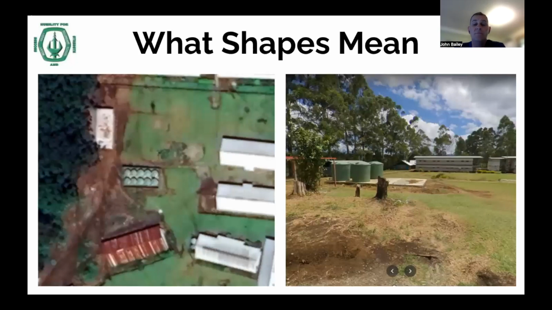Now, sometimes we don't have quite the right angle of view of the shapes that help us. What I mean by that is if we look at the satellite view, which is now on the left side, the opposite side from last time, we have these round shapes. And if we look over in the 360 image, we see what are clearly water barrels, which hopefully we can tell have rounded tops. We can't see it from this angle, but we can see that these green containers must be the containers over there.